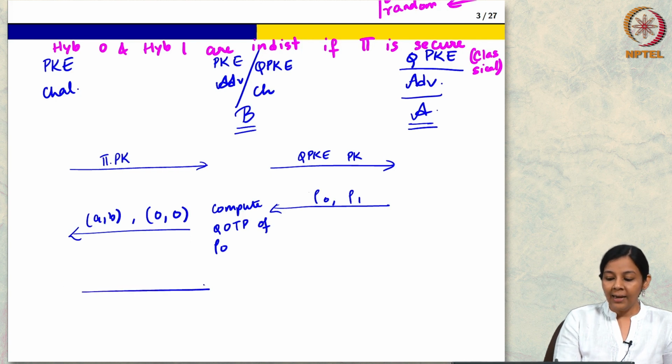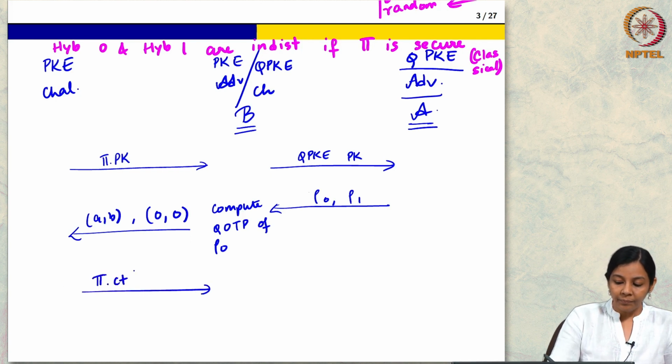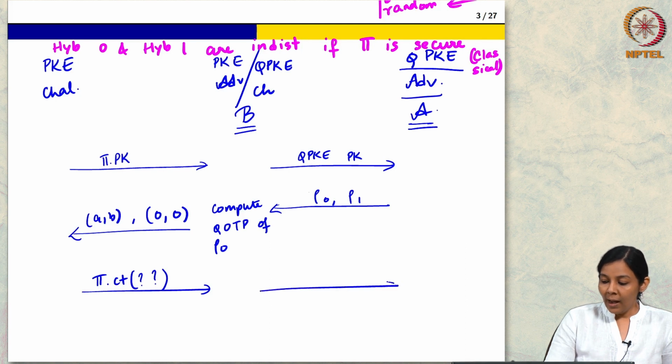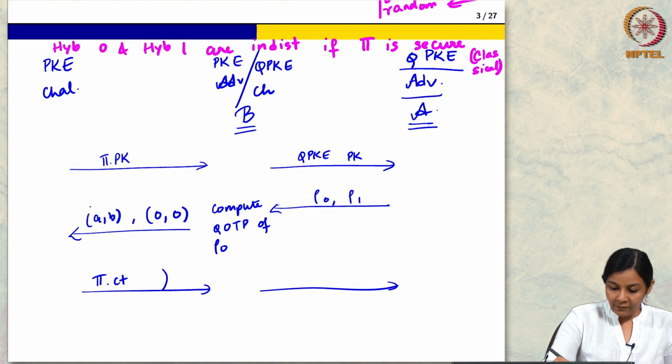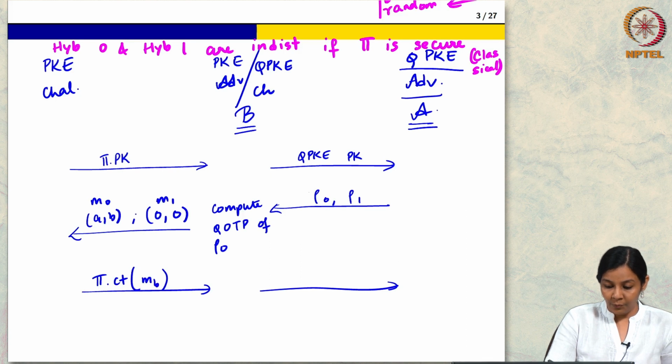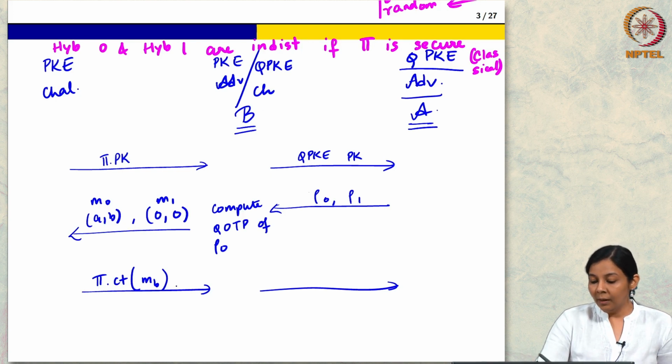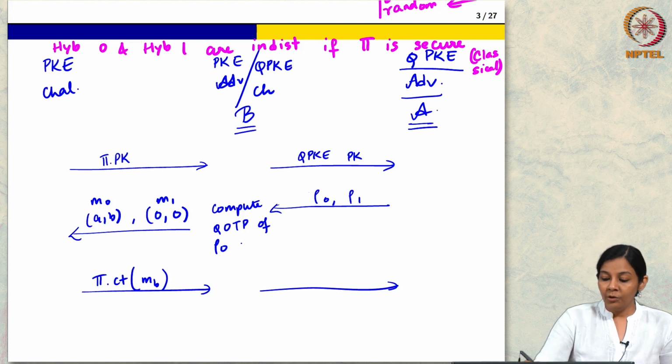Now I will get a pi.Ct of one of the two, either AB or 0 0. Let us call this M0, let us call this M1. So, I am getting a pi.Ct of M_b, and now the reduction B needs to return the QOTP to the QPKE adversary.